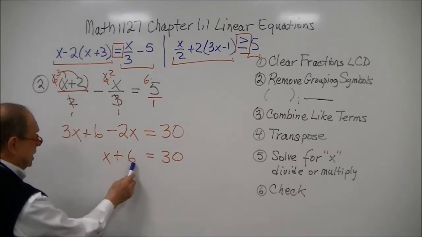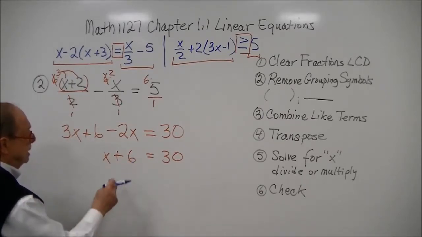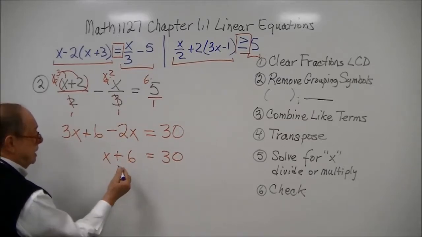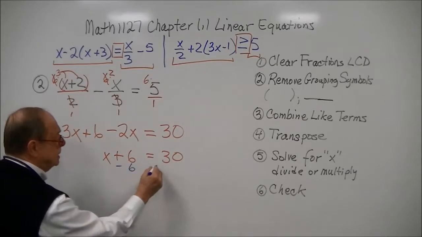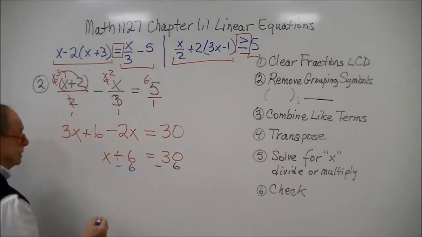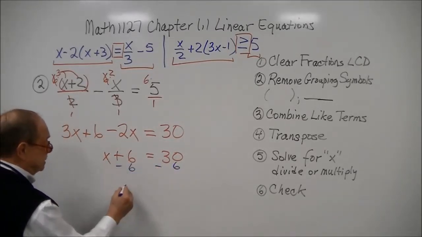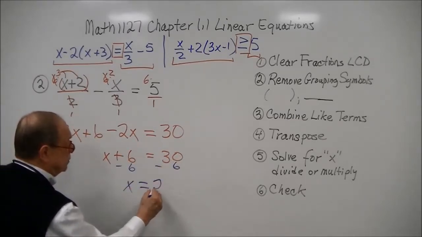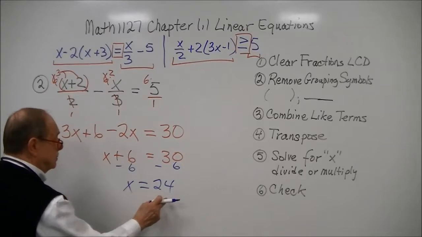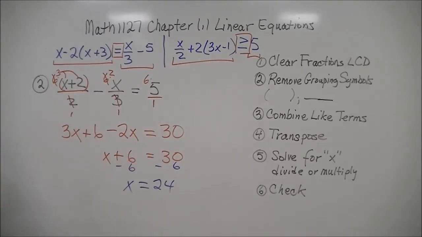The only thing we need to transpose is the 6. Another technique is you're going to subtract 6 like this. I see a number of students have used this. This leaves us with an x here, and this leaves us with a 24. X equals 24. And that actually is our solution.